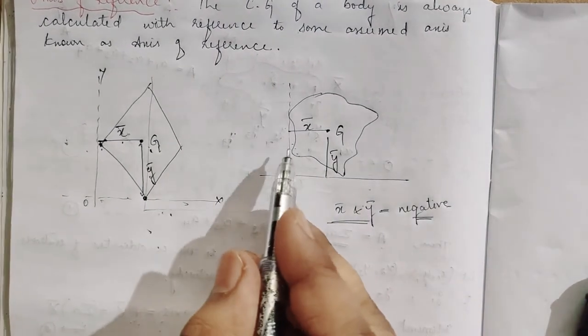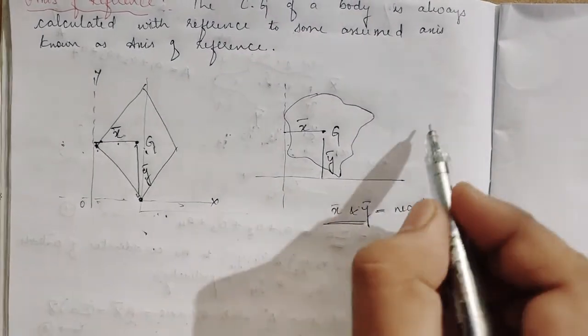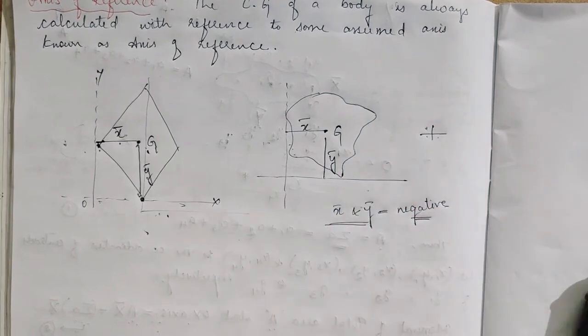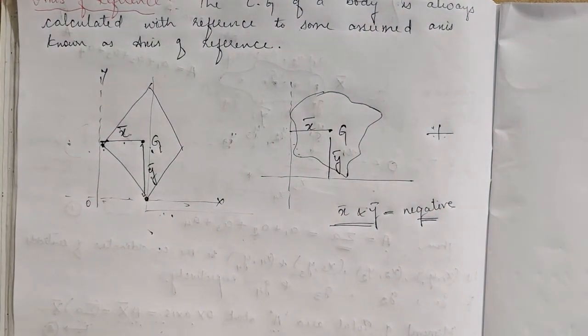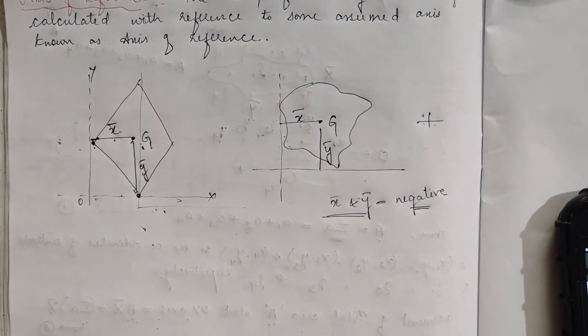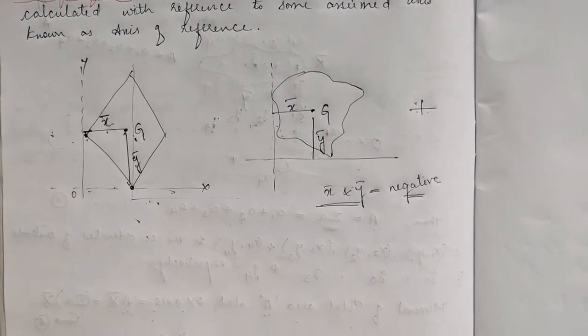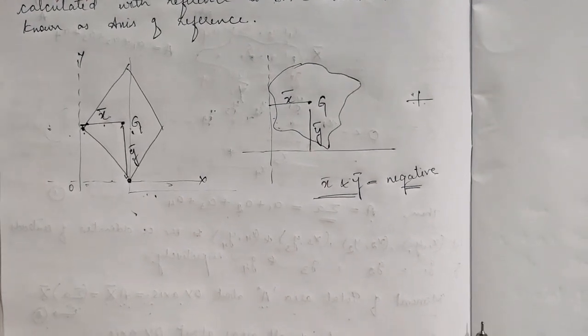If the axis is here, we must take it as negative. I will deal with them in the problems. So this was about the axis of reference.